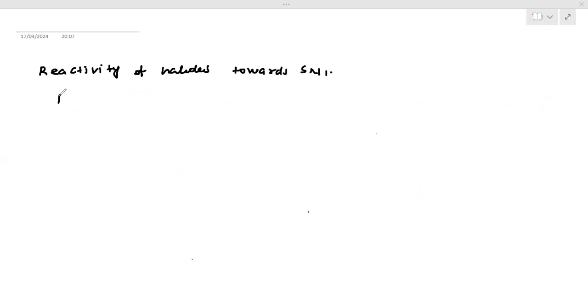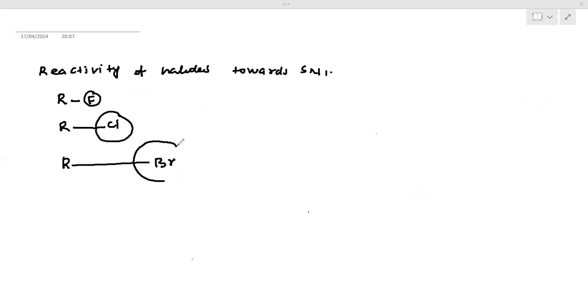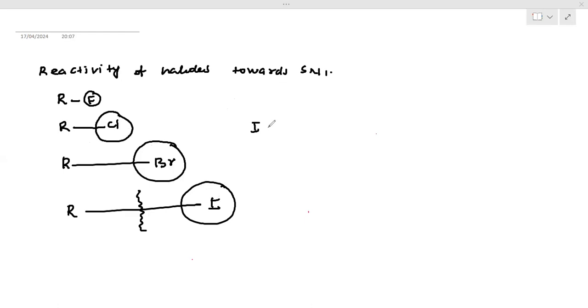Among the halogens, fluorine has the smallest size. Chlorine is a little larger, so its bond length is also larger. Bromine is still larger, so the bond length becomes larger, and iodine is larger still, so the bond length is larger. If the bond length is larger, we can break the bond easily. Among fluorine, chlorine, bromine and iodine, iodine is the best leaving group.